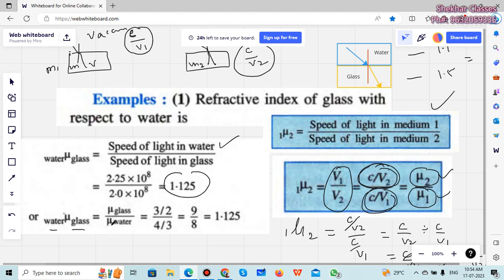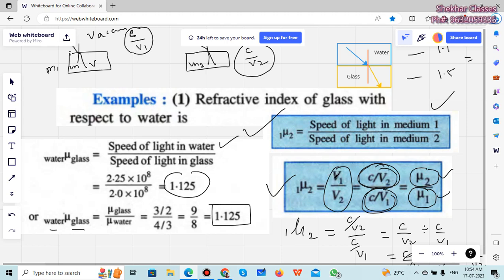In that case, it will be the absolute refractive index of medium 2, which is glass here, upon the absolute refractive index of water, the medium 1 here. Got it? So if you do that, it is 3 upon 2, which is the absolute refractive index 1.5, and the other one is 4 by 3, and you will get the same answer in this case. So either you use this formula or you use this formula, you will get the same answer.